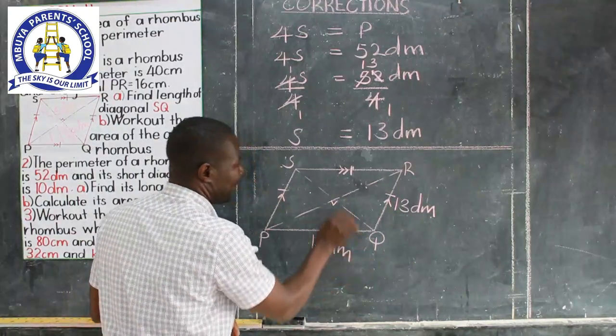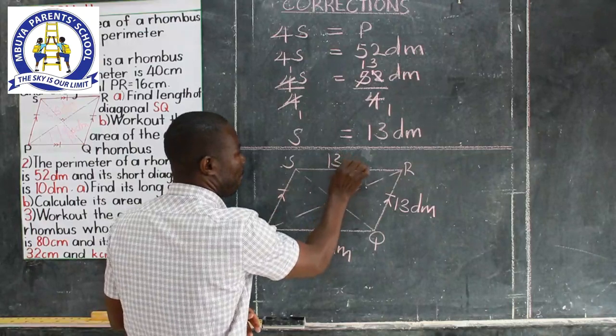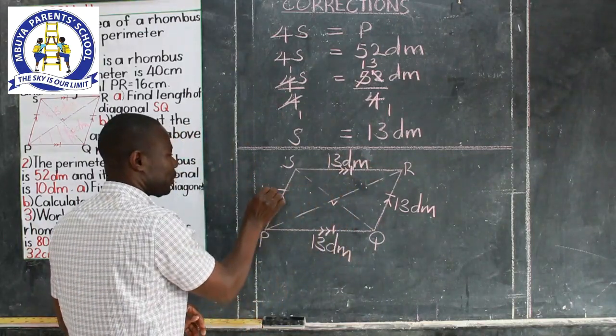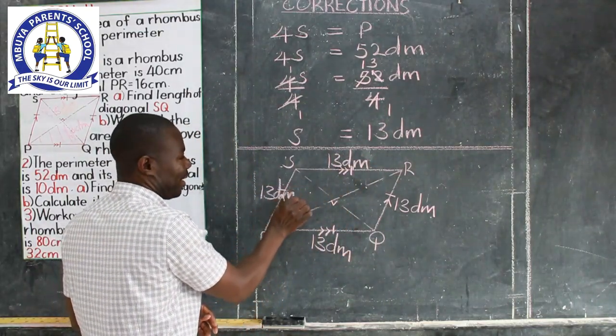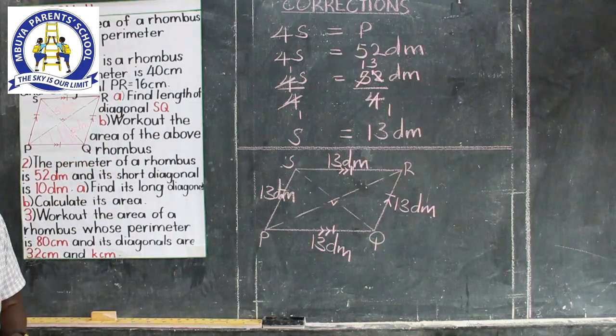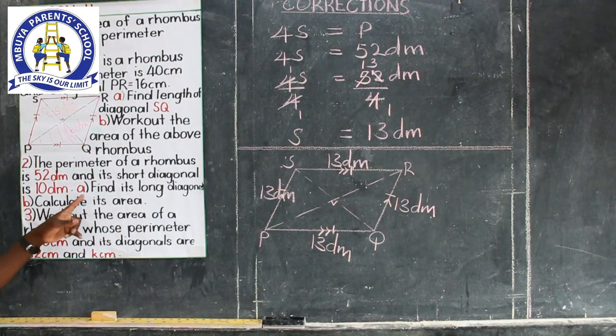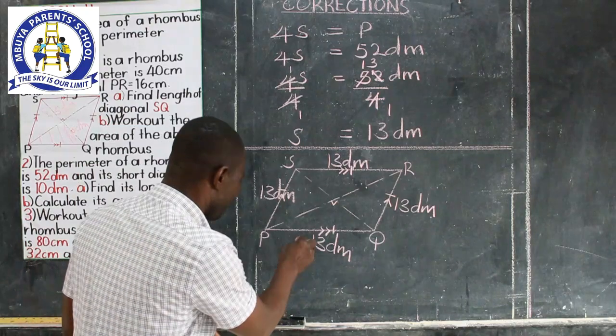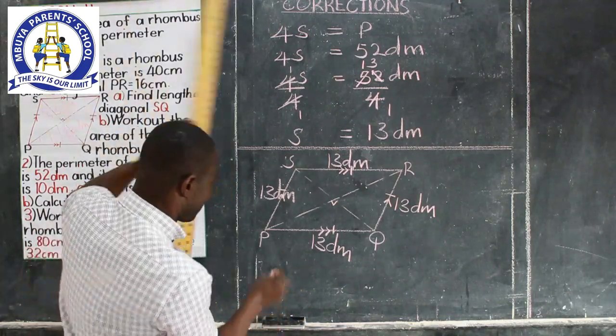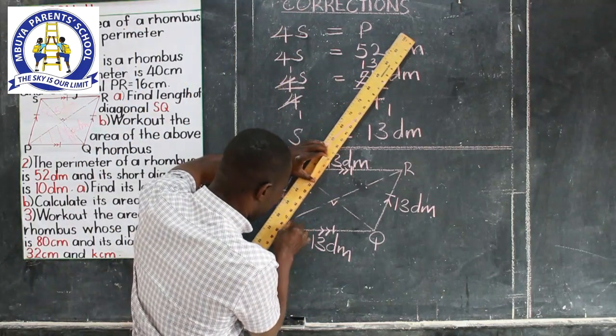All of it is 13, because a rhombus has all sides equal. Therefore, we have not answered our question, because our question is asking us to find the diagonal, the longer diagonal. So we shall have to extract one of the triangles.